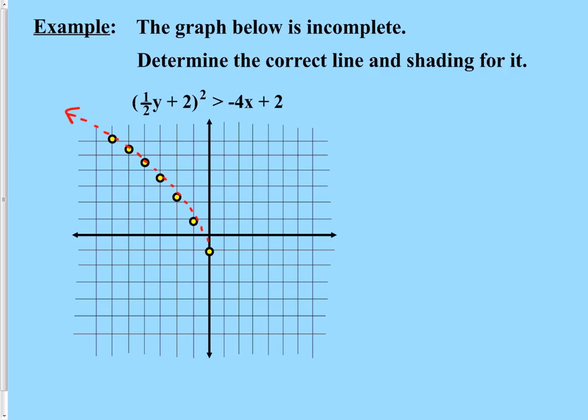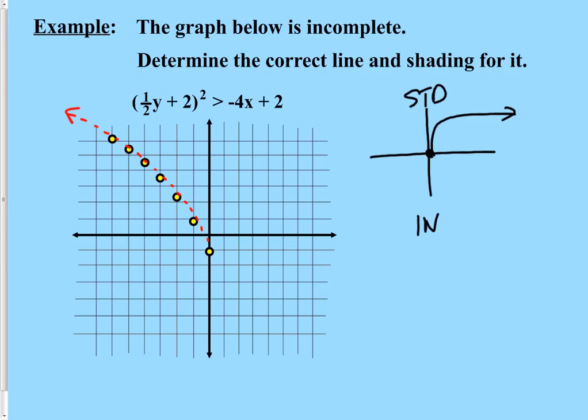Now, we don't really know which direction we're going to shade, obviously. But let's look at the nature of the curve here. We need to figure out, is this a standard graph or an inverse graph? The standard parent function starts mostly upward and turns outward.